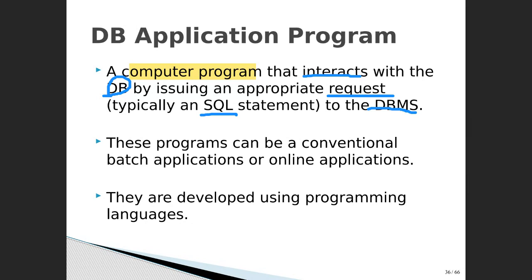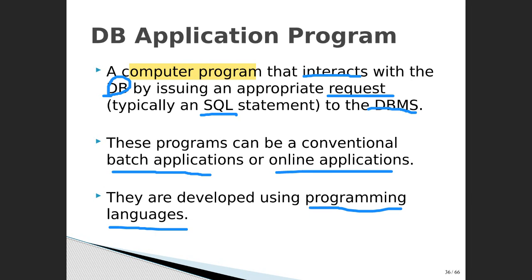Now, these can be batch applications or online applications. So an application that interacts with the database through the database management system can be online or can be installed in your computer. They are developed by using programming languages like third generation or fourth generation programming languages.